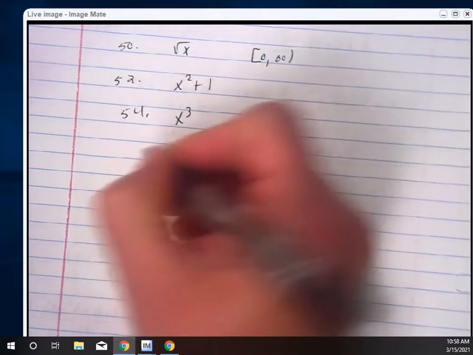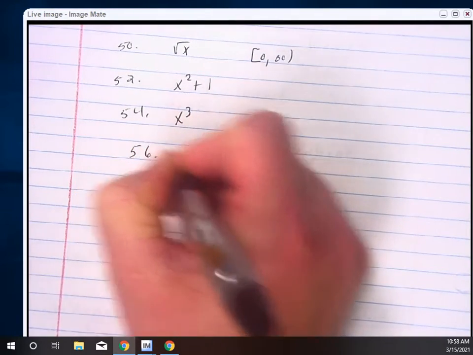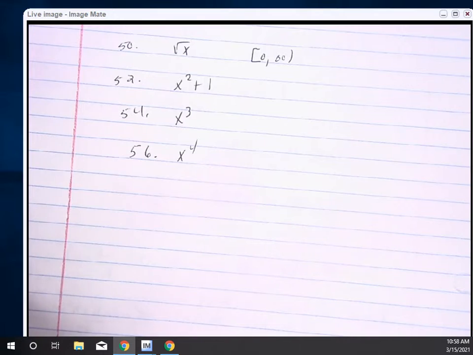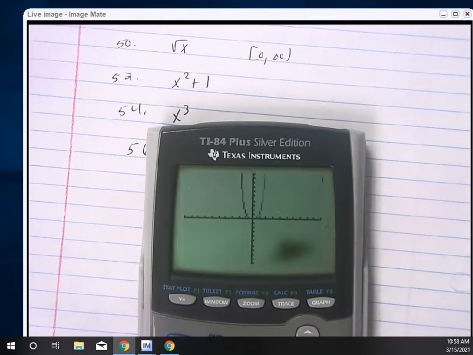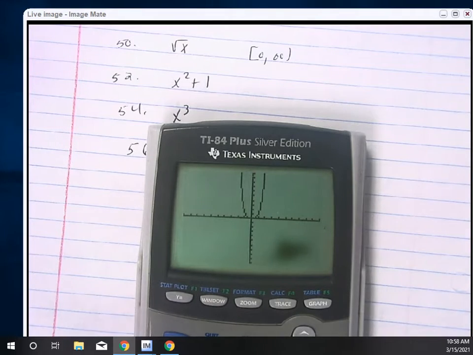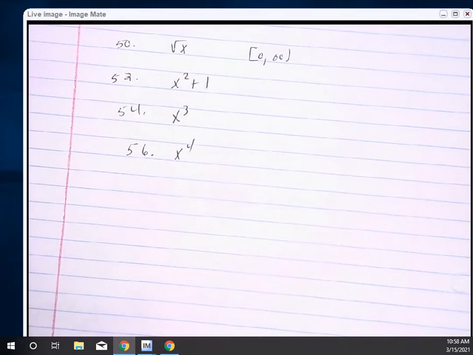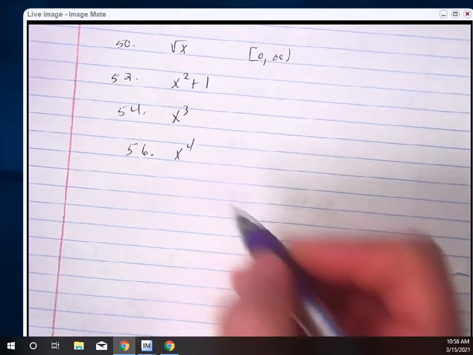What about x to the 4th? What's the domain? Negative infinity to infinity. What is the range? Here's the graph. 0 to infinity. All right, let's try one of these that have a square root then.